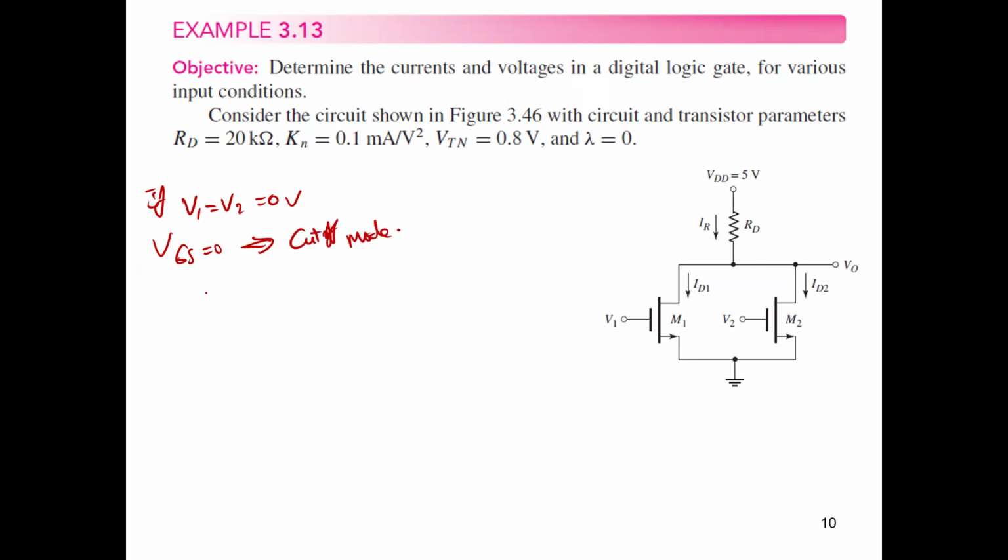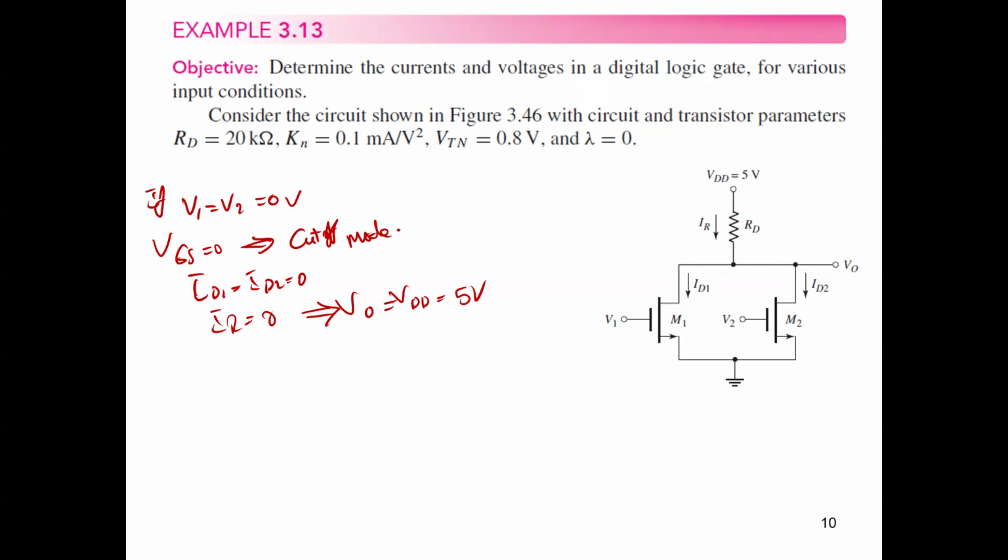This means ID1 equals ID2 equals 0, and then IR, the resistor current here, will be 0, and this means V out equals VDD equals 5 volts. So we don't need to make any analysis or calculations in this case. This means, guys, in the exam, you can just say since V1 equals V2 equals 0, V out equals 5 volts. You don't need to make any calculations in this simple case.